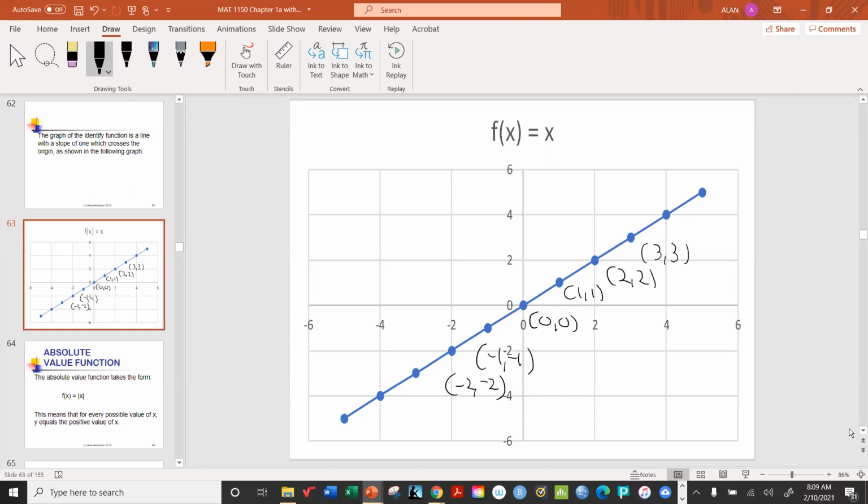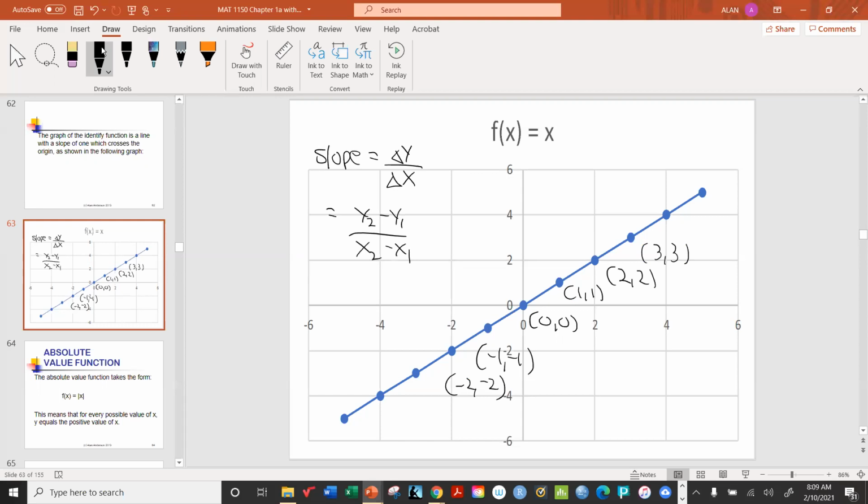All right, so if you're interested in knowing what the slope is, we could pick any two of these points. You might recall that the slope can be calculated as, of course, delta y over delta x. And that in turn can be calculated as y2 minus y1 over x2 minus x1.